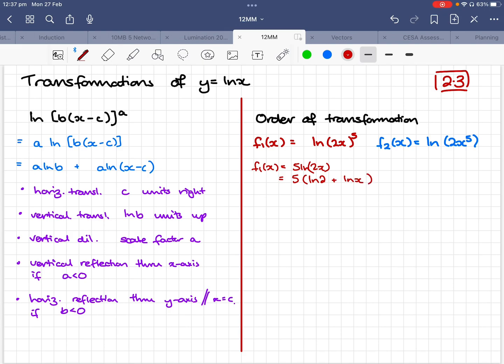This is going to highlight what I'm really talking about here, the similarity of being able to describe these transformations. This one here, we have a vertical translation, ln 2 units up, followed by a vertical dilation with a scale factor of 5.